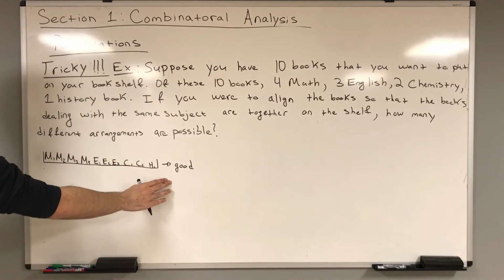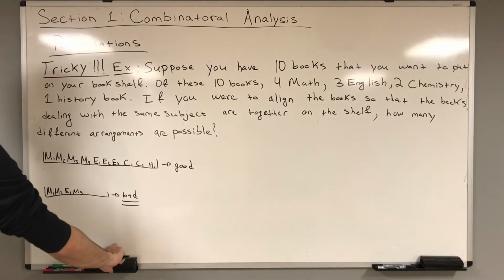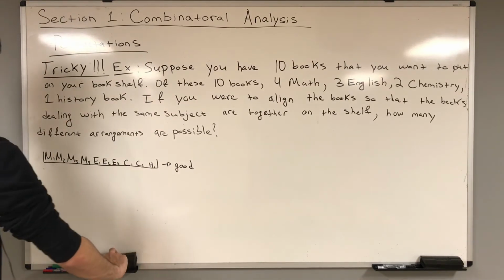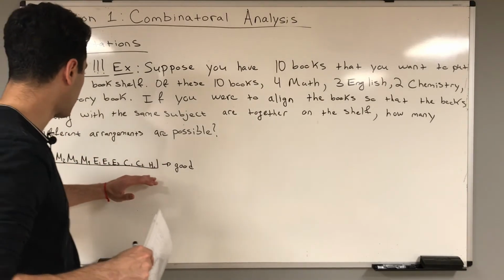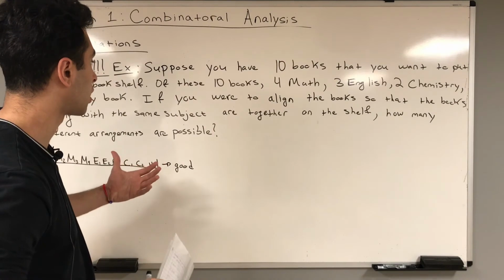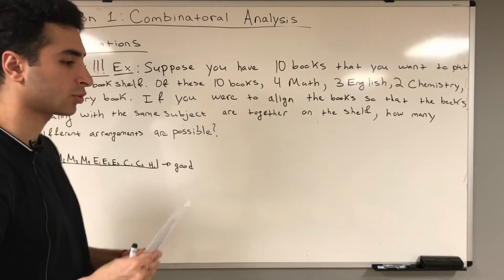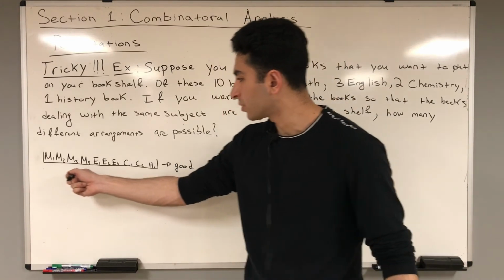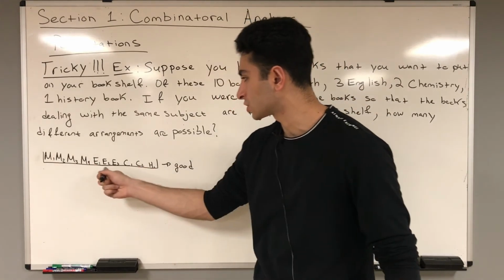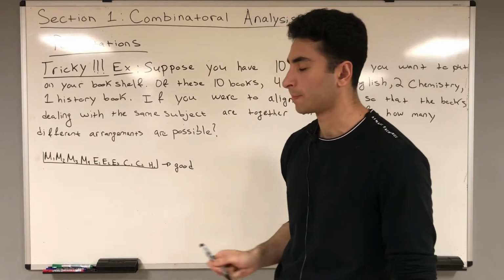So this is a plausible arrangement. This is not. So, knowing that, we want to find the total number of arrangements that are possible. How many different ways can I rearrange my books on this bookshelf, knowing that the math books have to stay with themselves, the English books have to stay with themselves, and so on.